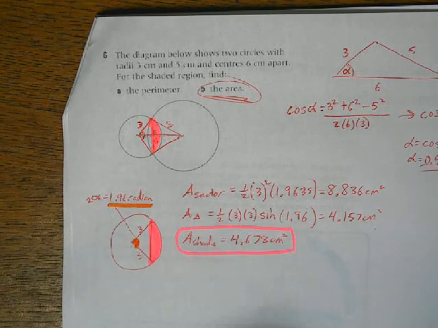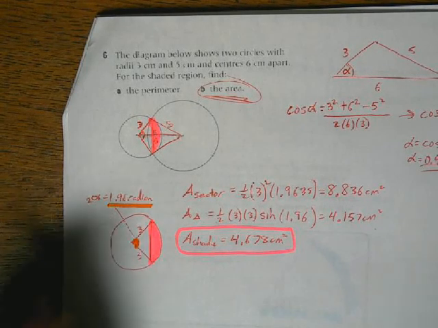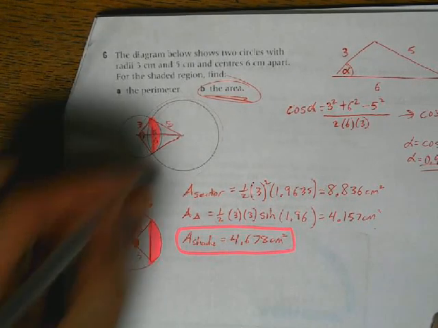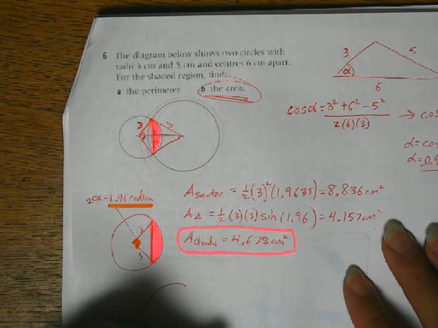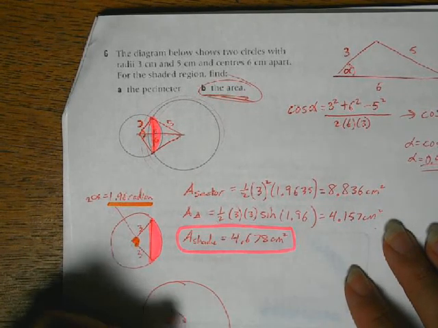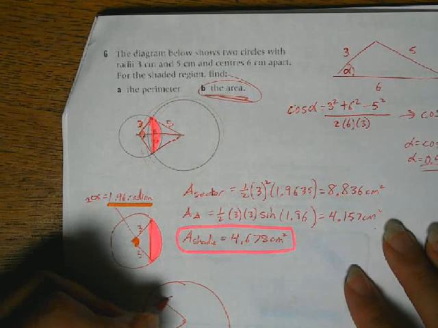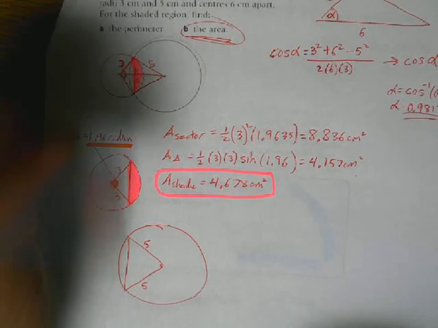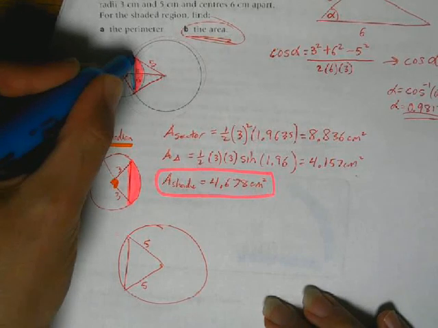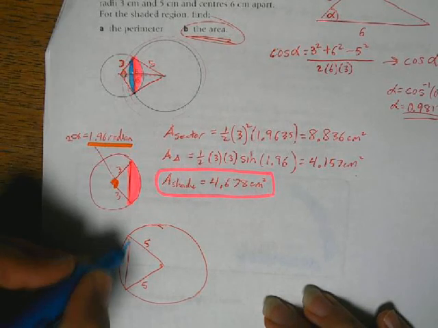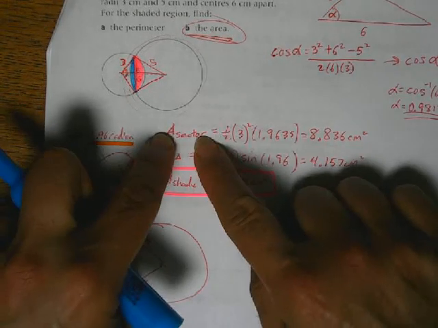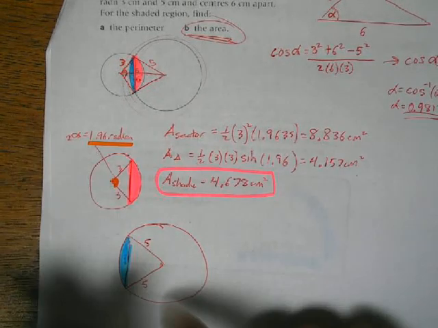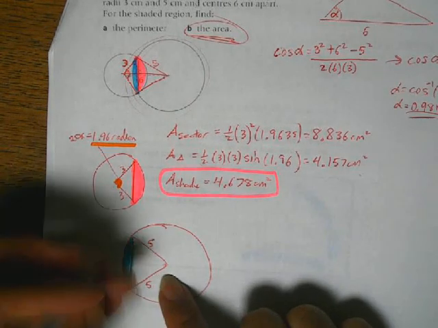Okay, now we've got to do the same thing on the other side, this circle right here. So if I've got this other circle right here, and from there to there is 5, I want to find this area here. I'm going to color it blue. Just like before, I have to do the area of the sector minus the area of the triangle, and we need to figure out this angle right here.